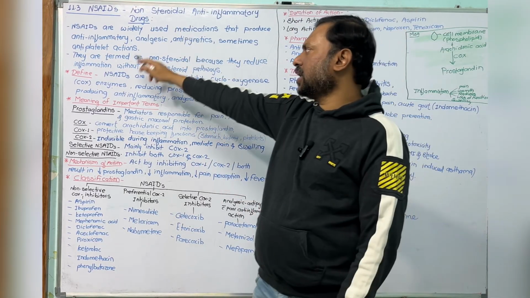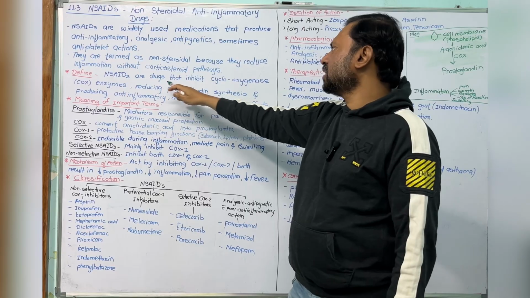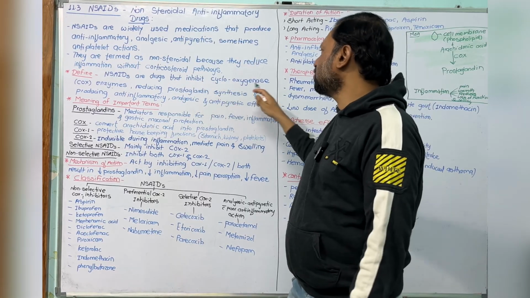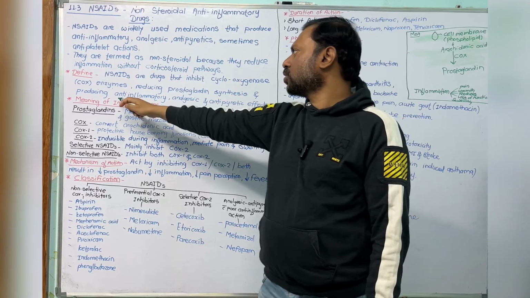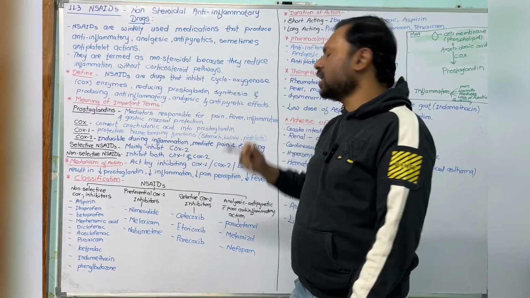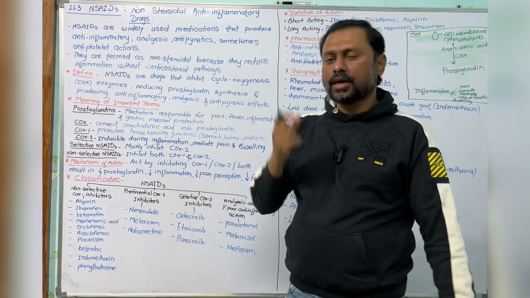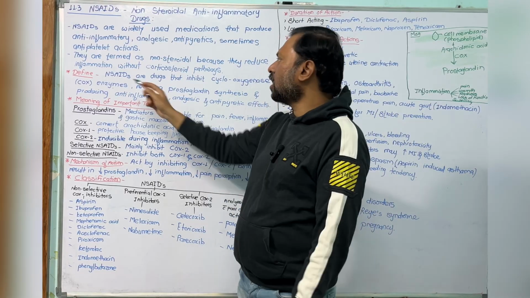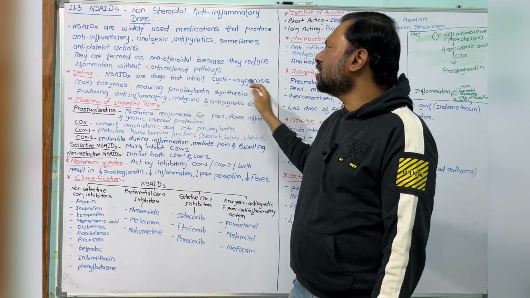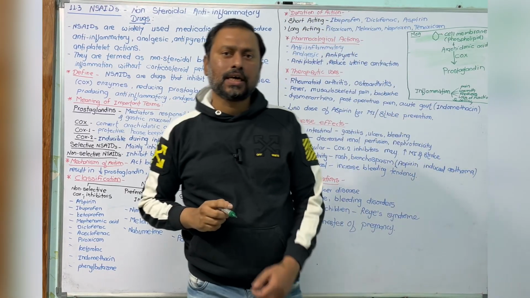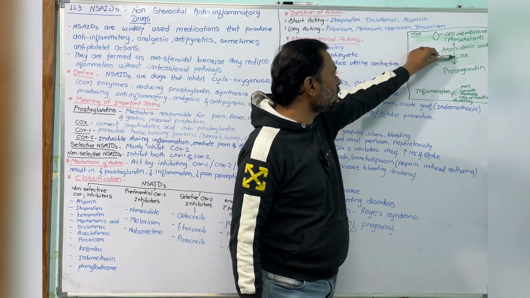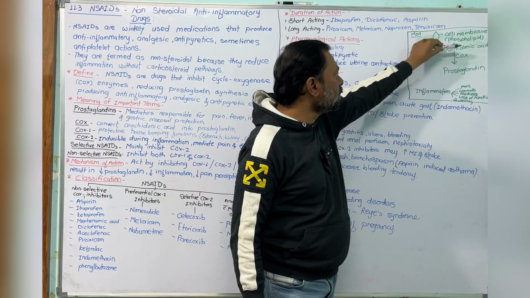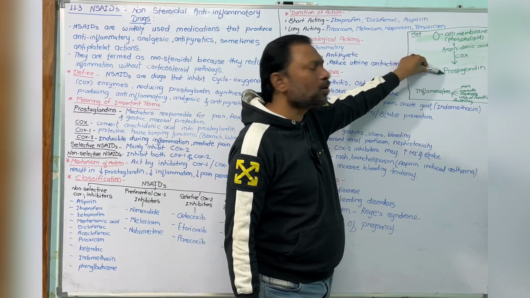Now the definition of NSAIDs: NSAIDs are drugs that inhibit the cyclooxygenase enzyme, reduce prostaglandin synthesis, and produce anti-inflammatory, analgesic and antipyretic effects. What it means is, in the mechanism of action, when cyclooxygenase is reduced, it will not produce prostaglandin.